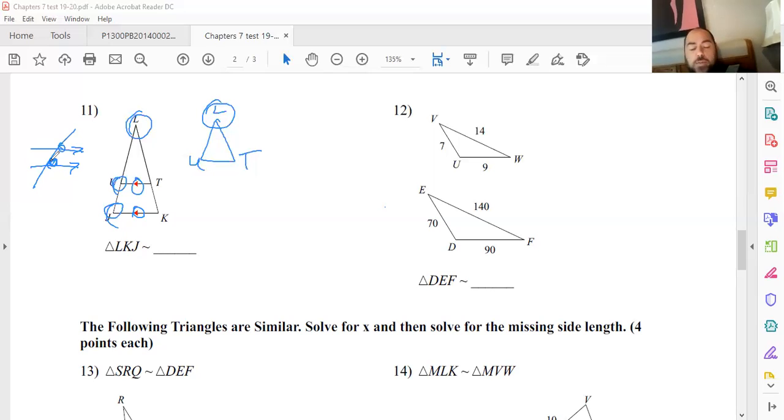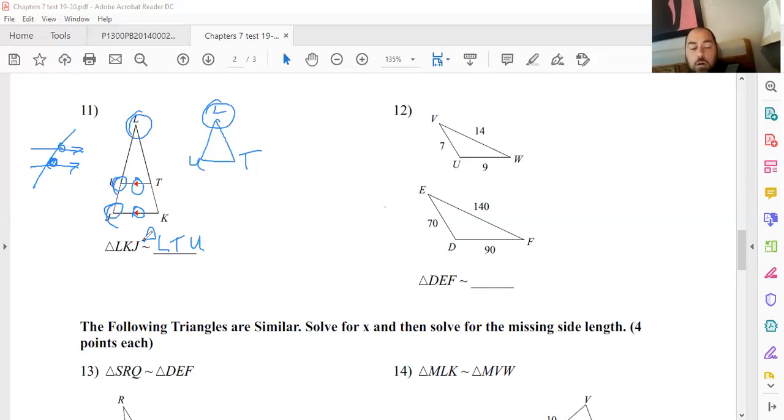They're not. They're corresponding. So we have corresponding angles here. So that would set up angle-angle similarity. And so LKJ, we're going to go down the right side to make sure we hit the corresponding angles. LTU, triangle LT.